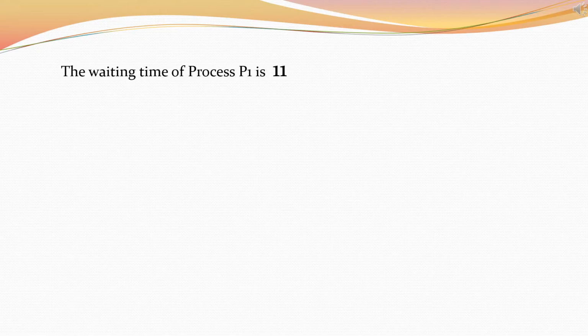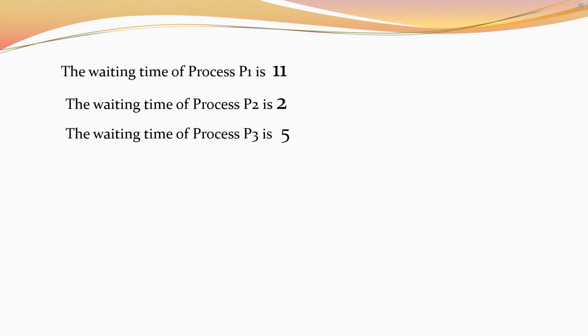From the Gantt chart, the waiting time for process P1 is 11, the waiting time for the process P2 is 2, for the process P3 the waiting time is 5, and the waiting time for the process P4 is 0.